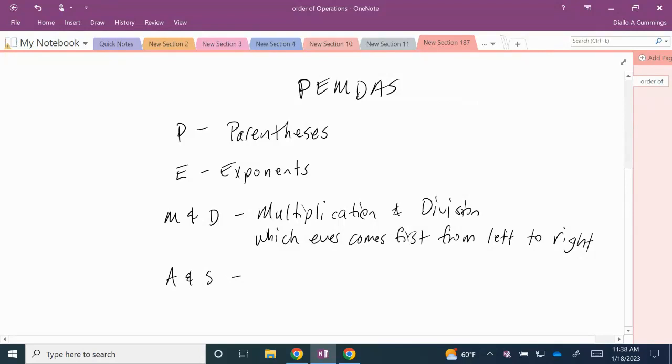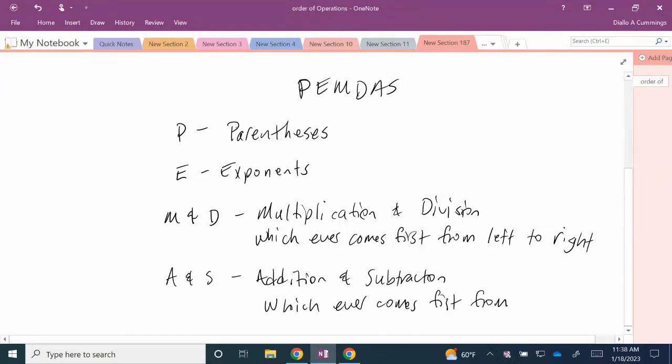And again, it's whichever comes first from left to right. So you're going to always multiply and divide before you add and subtract. So let's take a look at an example.